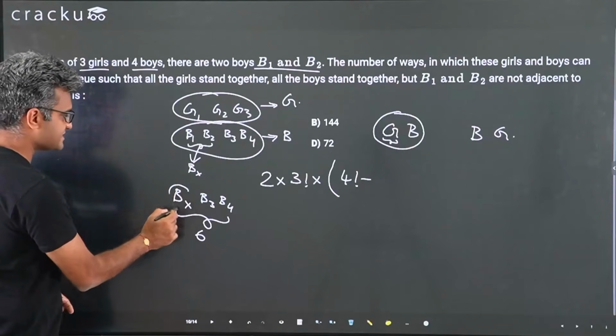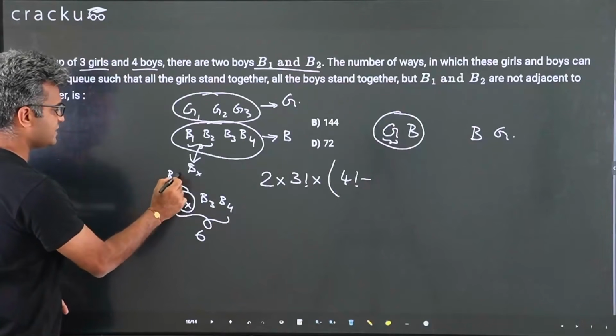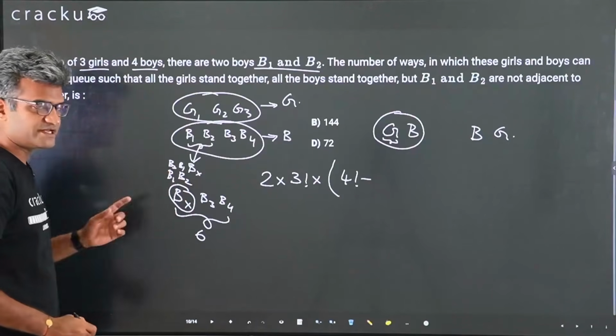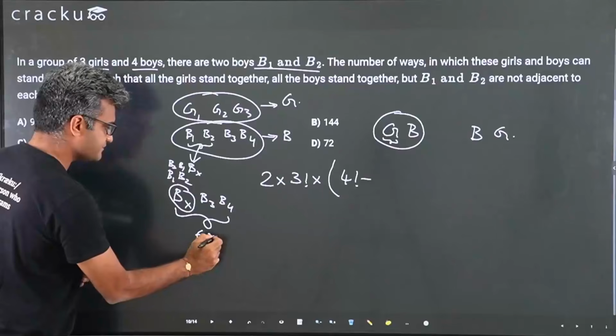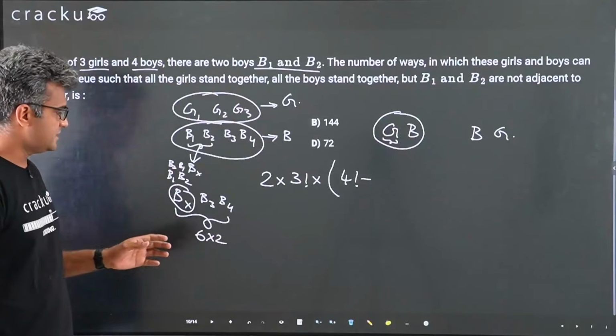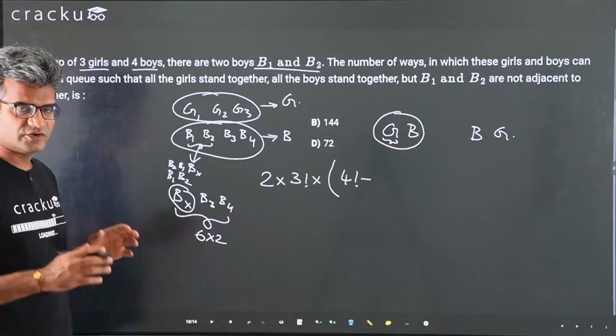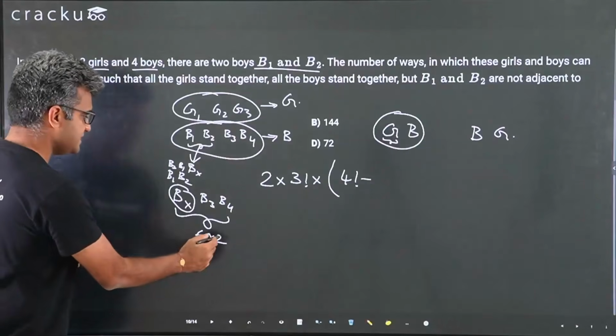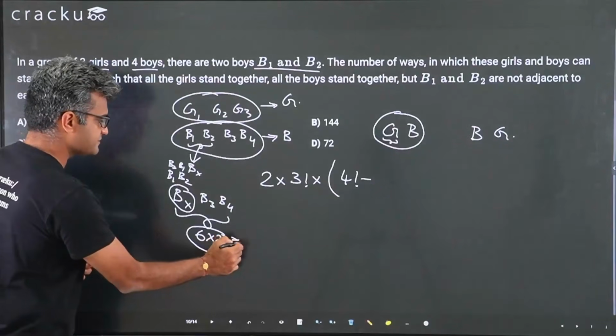Similarly, in Bx, we can have either B1 to the left of B2 or B2 to the left of B1. So that can be decided in 2 ways. Overall, the total number of cases in which B1 and B2 are adjacent to each other is 6 into 2, which is 12 ways.